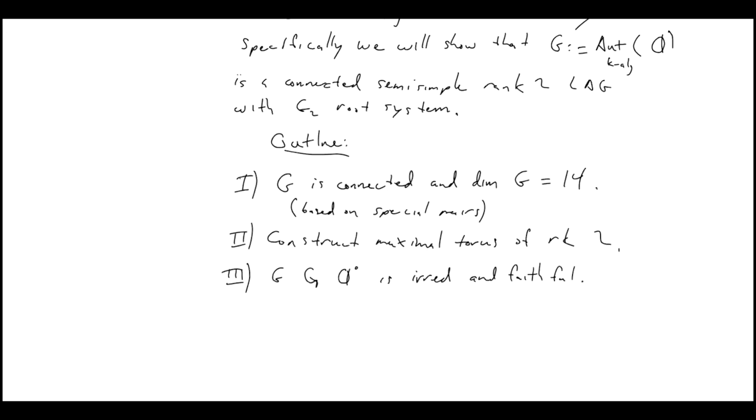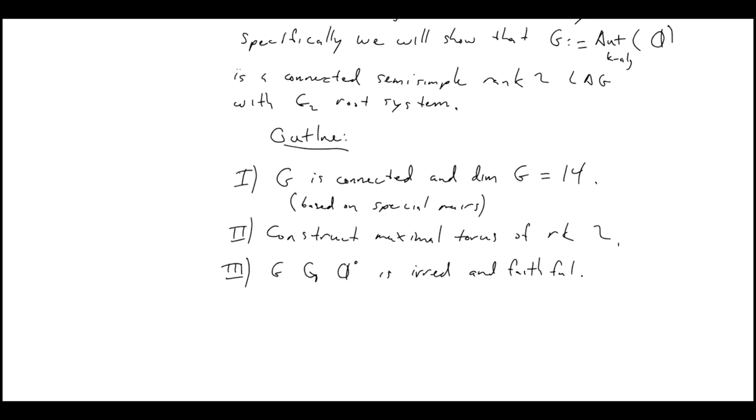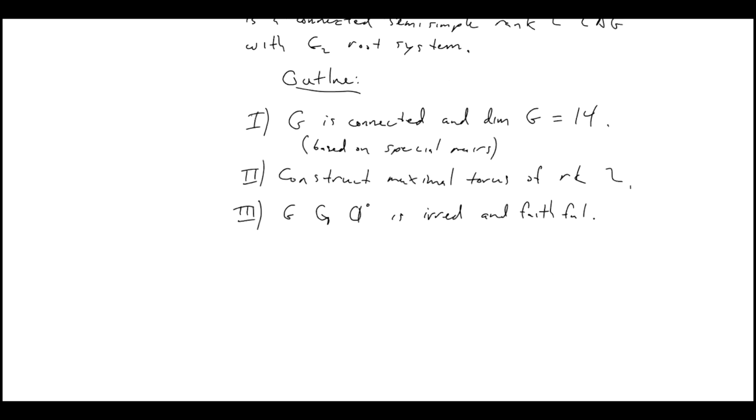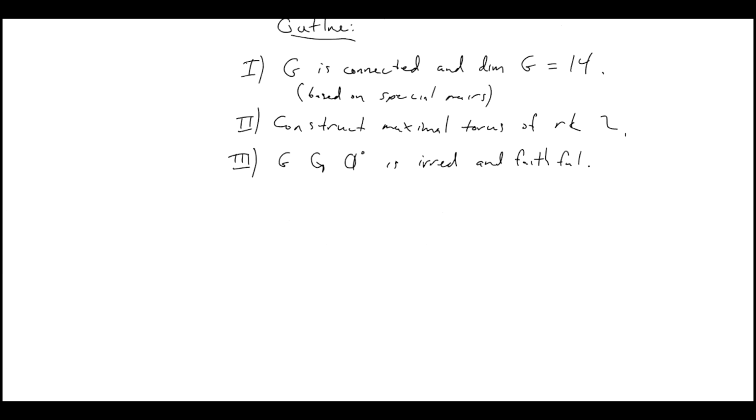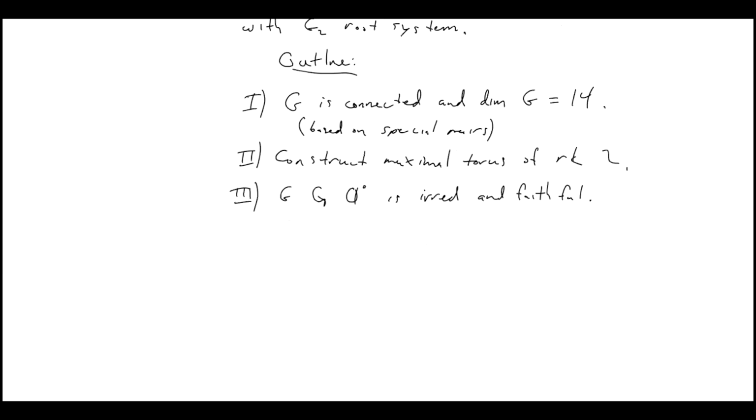All right, so let's begin with part 1. This is going to be based on our study of special pairs. In particular, we're going to realize the space of special pairs as a homogeneous space, but in 2 different ways. And this is going to get us a lot of the information that we need. I want to talk about some preliminaries first.